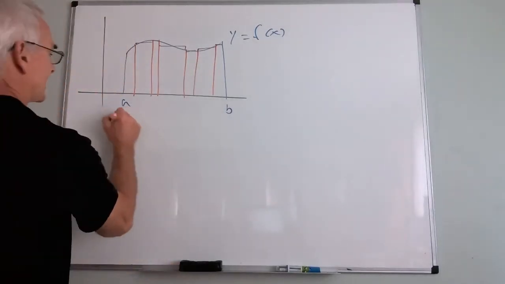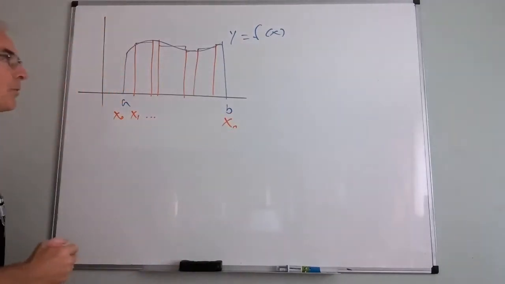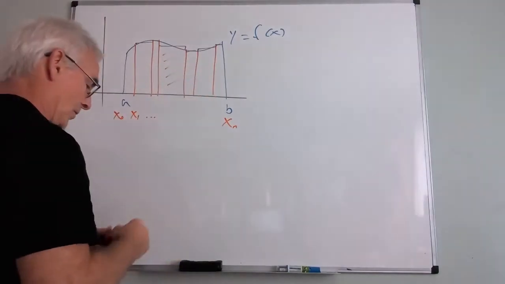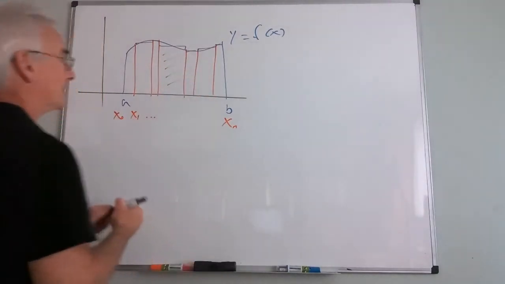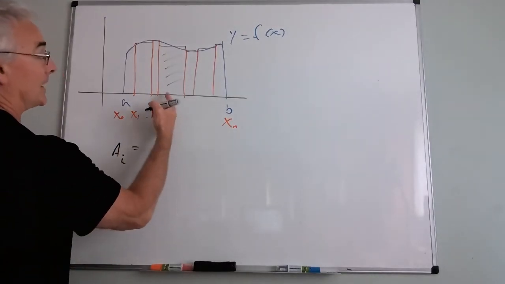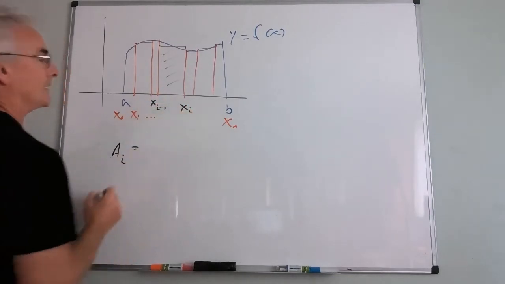So if this was x0 and that's x1 and so on, and then that's xn, that's the nth one, then let's say that's the ith one. So what we did in Calc 1, we said the area of the ith rectangle equals, okay, now that would be x_{i-1}, that would be x_i, right?